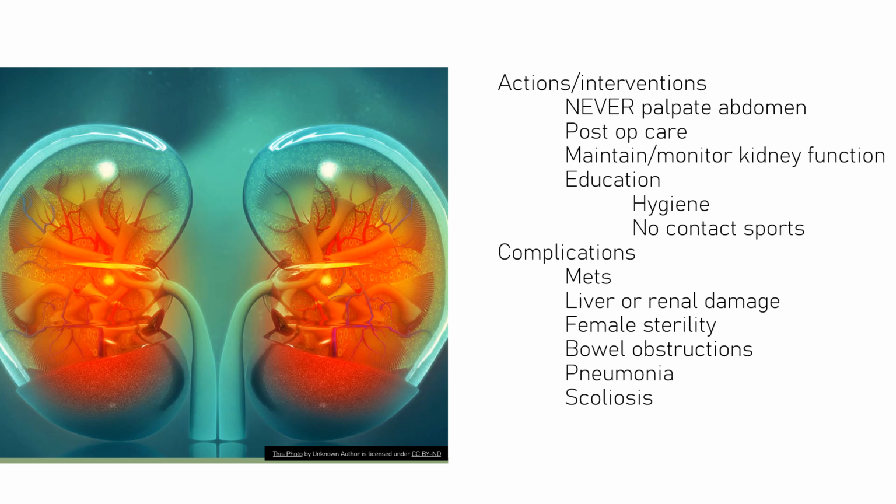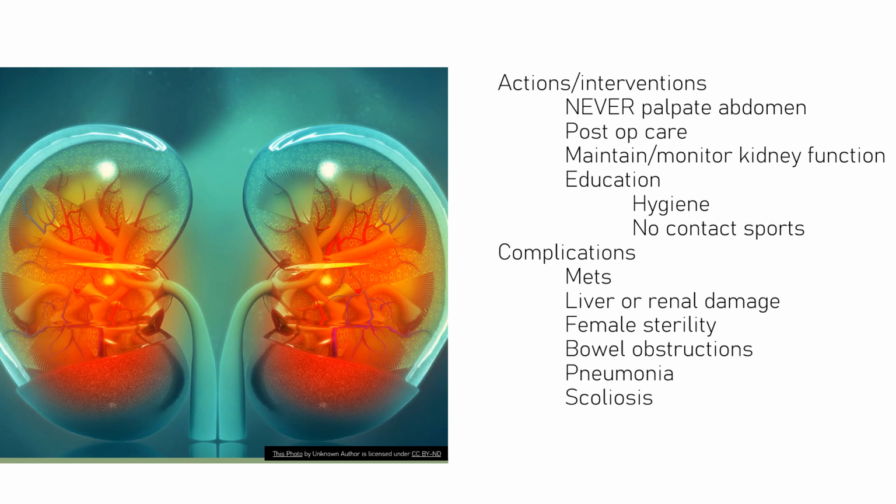Whatever kidney is left over, we have to be very specific about making sure that it's working. And we provide a lot of education on renal hygiene, sexual hygiene, and hydration, and that the patient needs to not have any contact sports, because they're only going to have one kidney and we don't want to lose it.